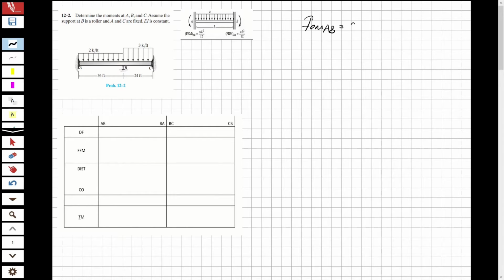So W is 2. And fixed end moment BA will be equal to the positive of this value.